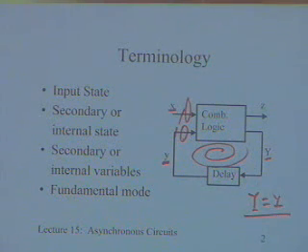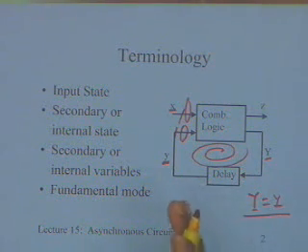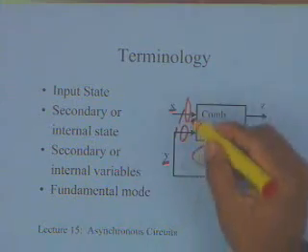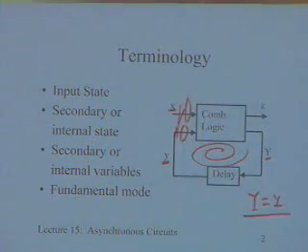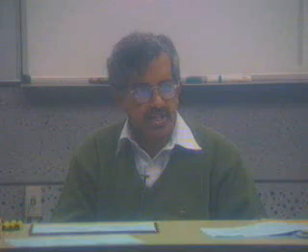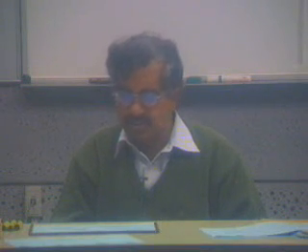So these transients will die down and we will reach an equilibrium state, which is a stable secondary state. And now our machine reaches a stable total state given by the input state and the secondary state.